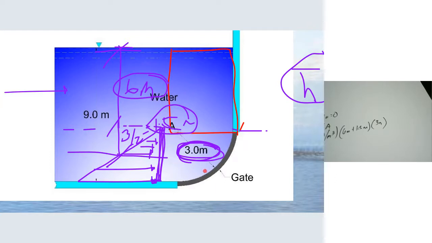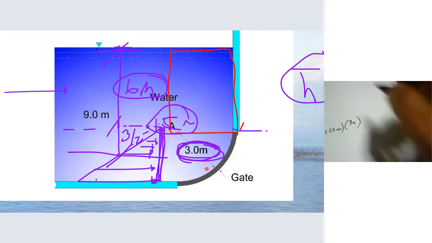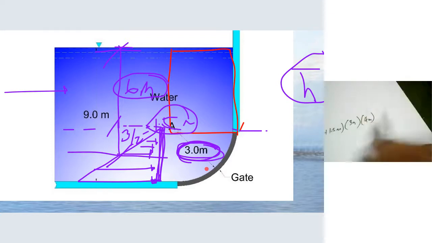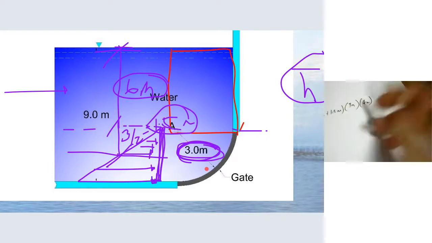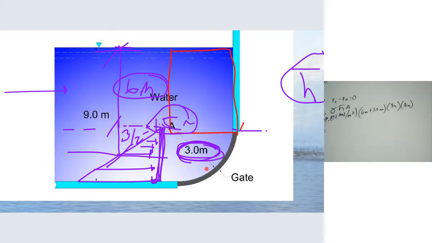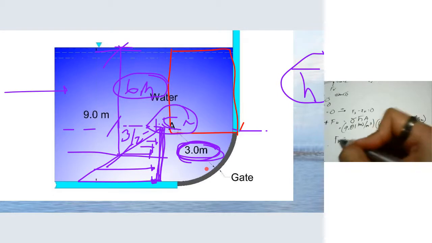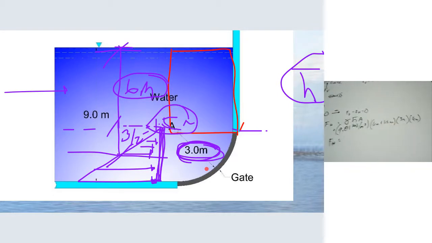Okay, yung lapad nitong gate. So, we will multiply 3 meters by 4. Okay? So that's the area that we need. So, ano po yung F sub h? Can you help me solve the horizontal component of the force?